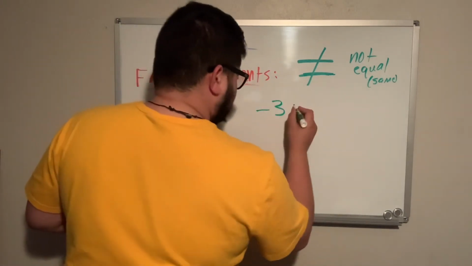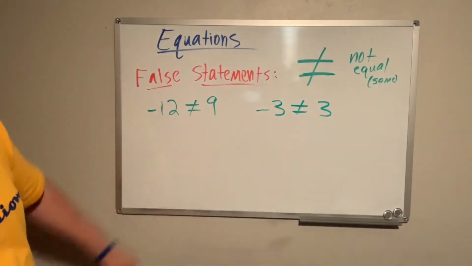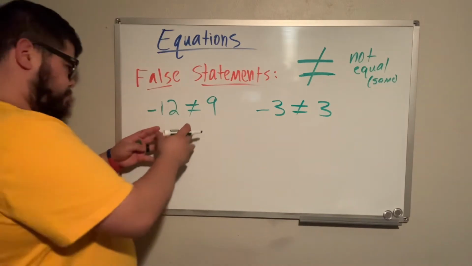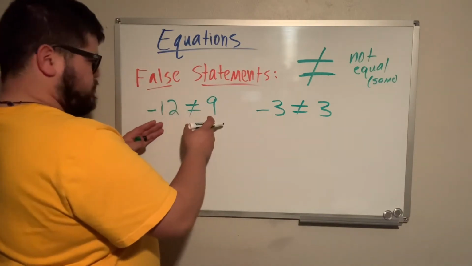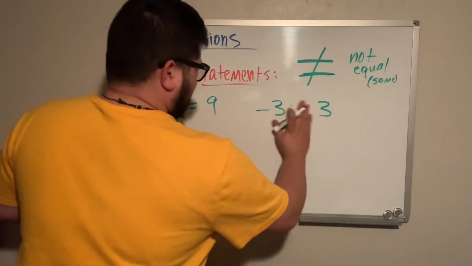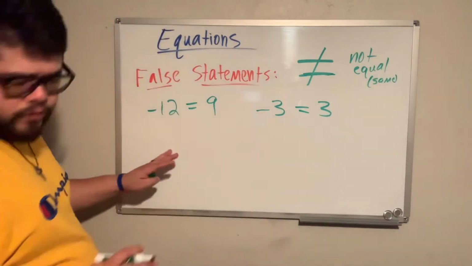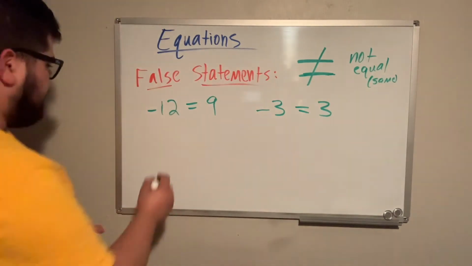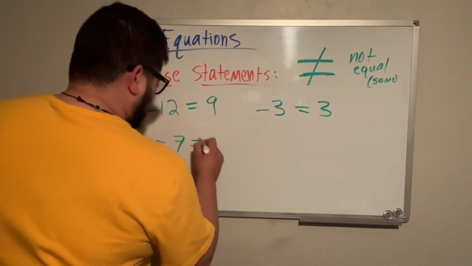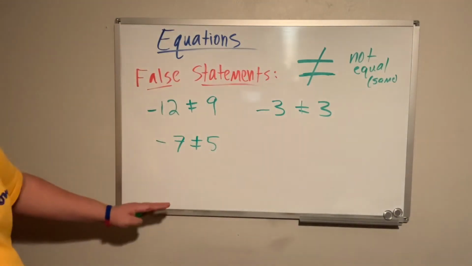Negative 3 not equal to positive 3. These statements right here with the equal sign are false. They're not correct, right? Negative 7 does not equal 5. We're drawing slashes through the equal sign because they're not equal.